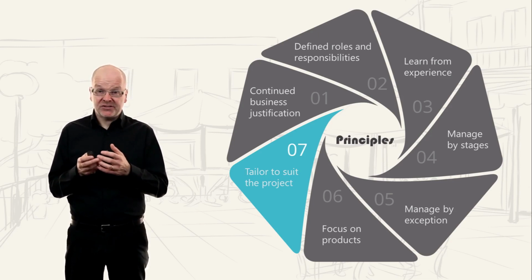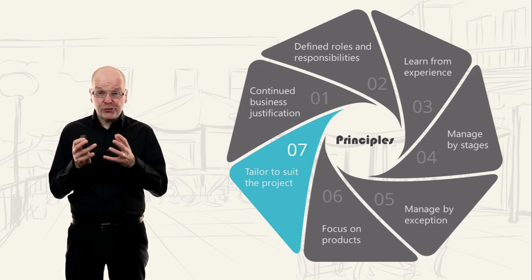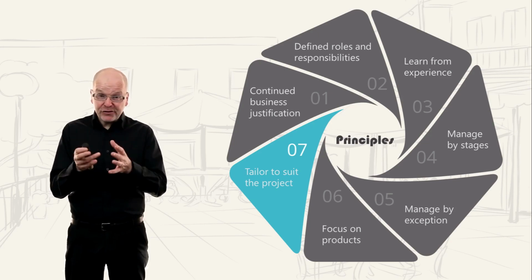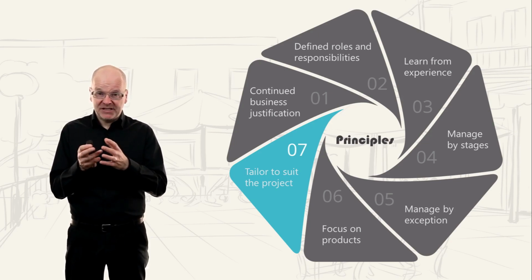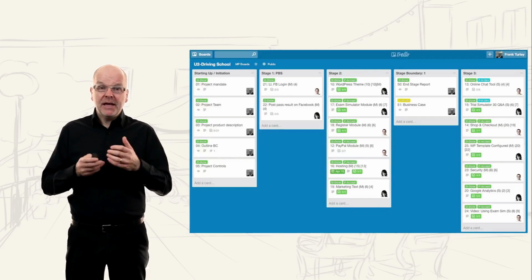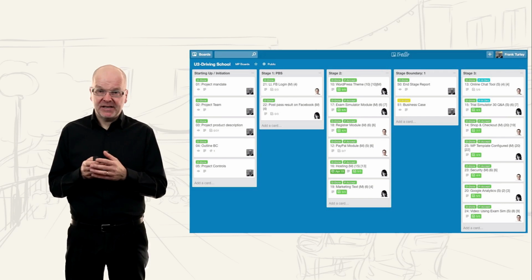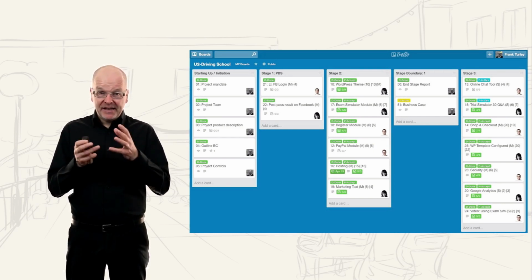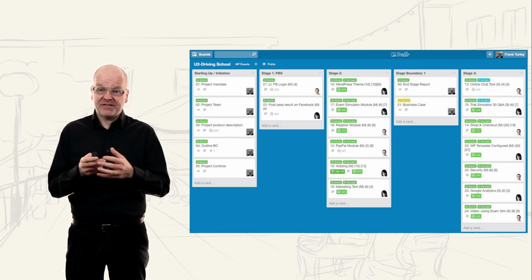And even a 1-day project can use all the PRINCE2 principles. As far as documentation is concerned, there's a good rule, and the rule is just do the minimum amount of documentation to control the project and no more. Here is a simple sample project that you can find on the internet. It's a good example of a very light, tailored PRINCE2 project based on Trello.